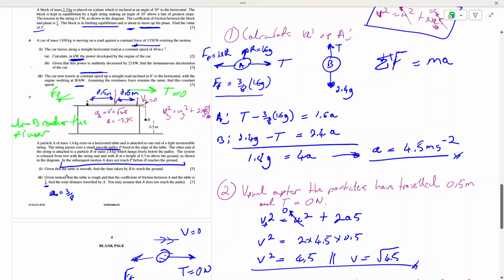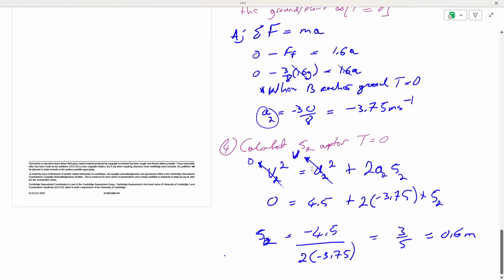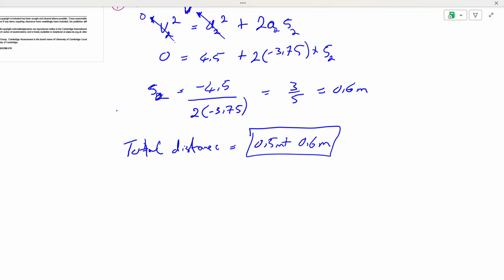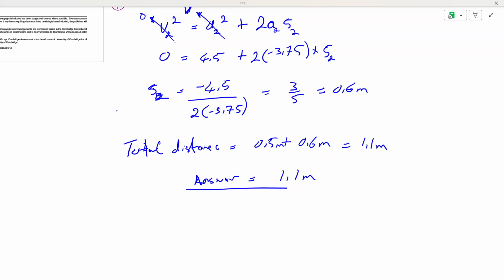The question says find the total distance traveled by A. So the total distance is equal to 0.5 meters plus 0.6 meters, and that's it. It's going to be equal to 1.1 meters, and your answer is 1.1 meters.